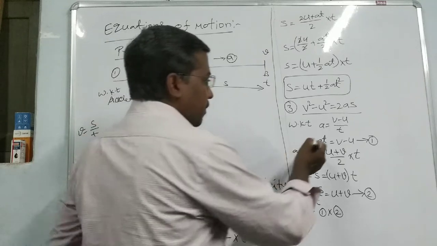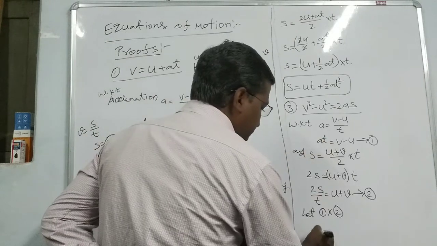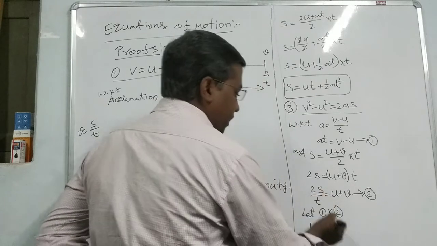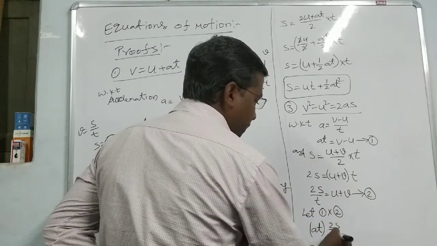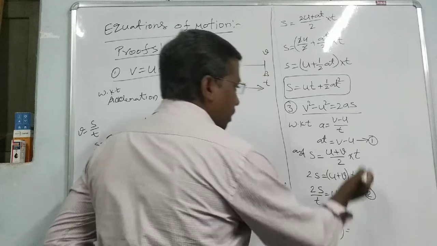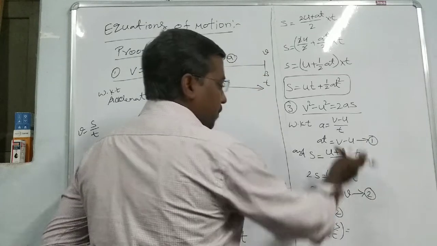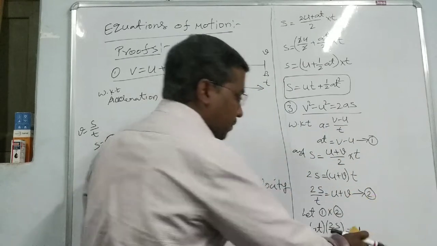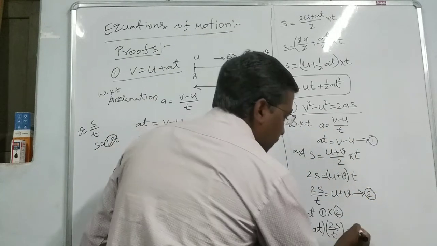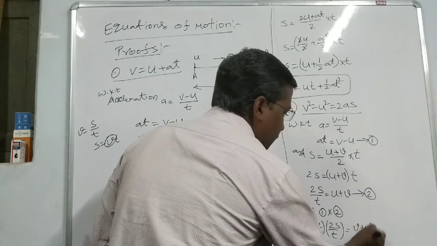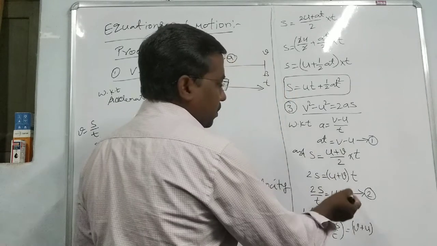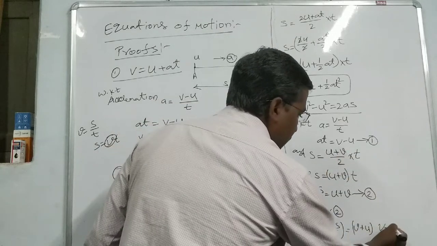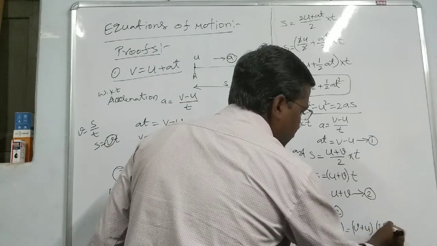On the left-hand side we have at and 2s by t, and on the right-hand side v plus u and v minus u.